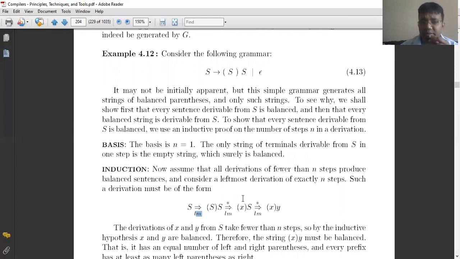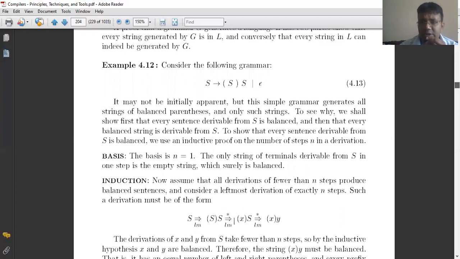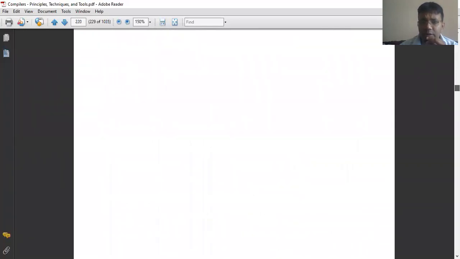Such a derivation must be of this form. Star means it may derive in 0 or more steps, and plus means at least 1 derivation step is required. This is how we use the leftmost derivation according to the sign.